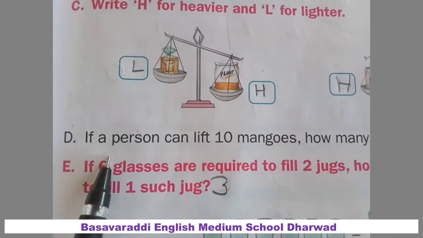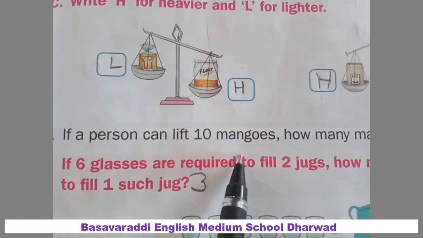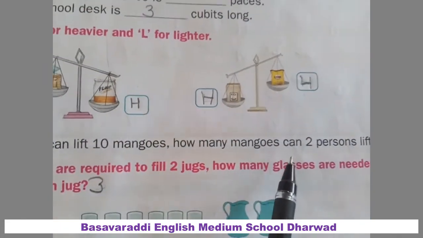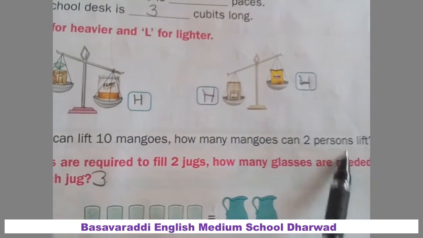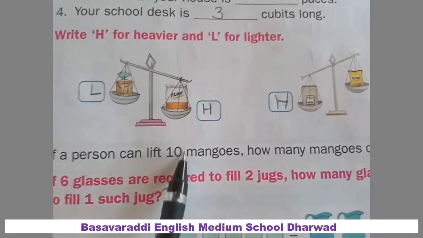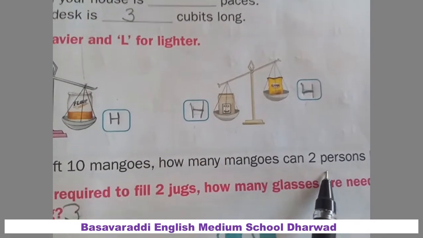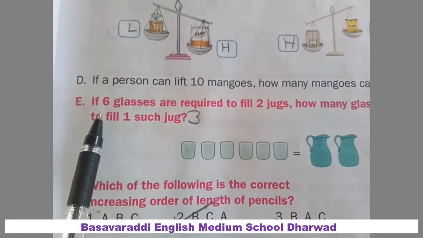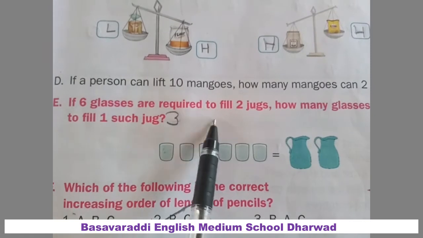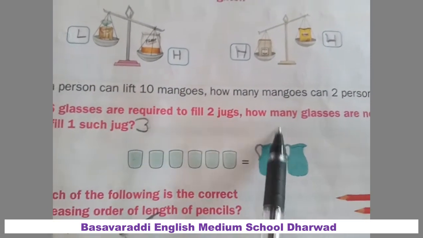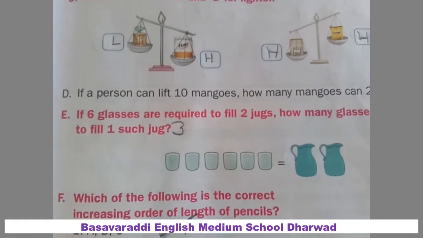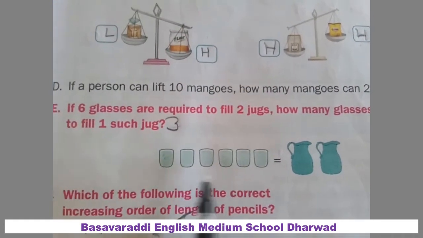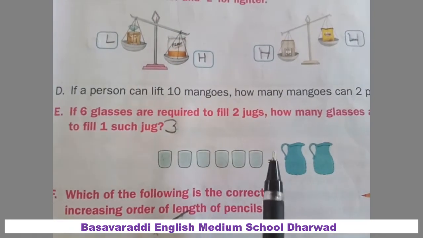D1: if one person lifts 10 mangoes, how many mangoes can two persons lift? So one person lifts 10 mangoes and two persons lift 10 into 2, that is 20. Now E1: if 6 glasses are required to fill 2 jugs, how many glasses are needed to fill one jug? What are they telling? 6 glasses fill 2 jugs.